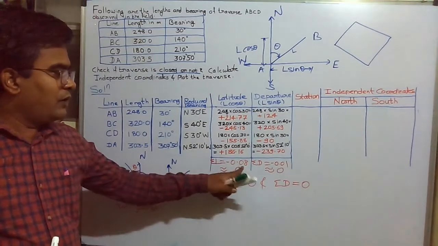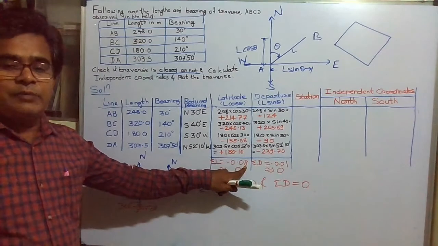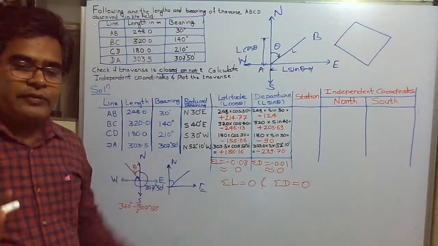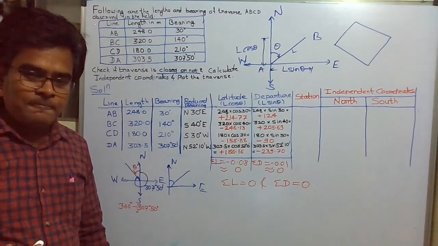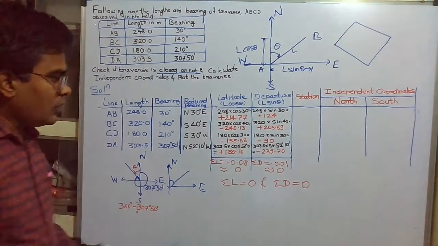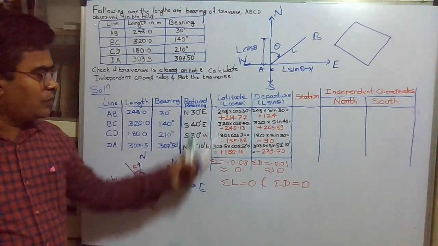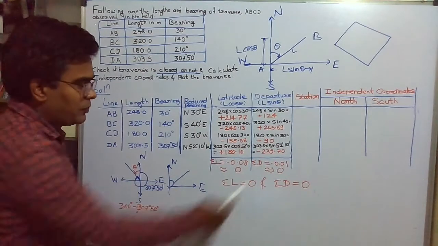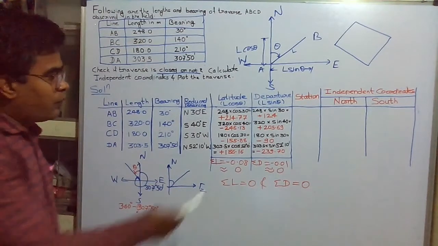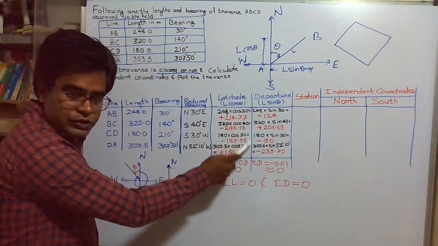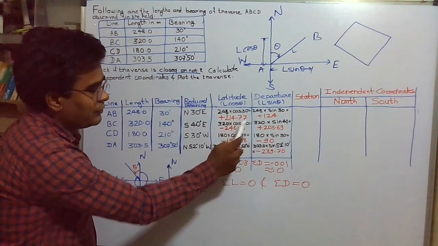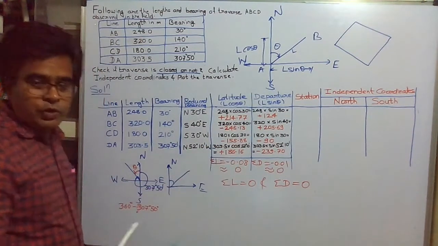So when we are getting a value like this in the second decimal, then we can consider the traverse as closed. So this traverse is a closed traverse. Why? Because the summation of latitude is nearly equal to 0, and the summation of departure is nearly equal to 0. Here we have taken the values up to 2 digits, like 214.77 to 40.13.